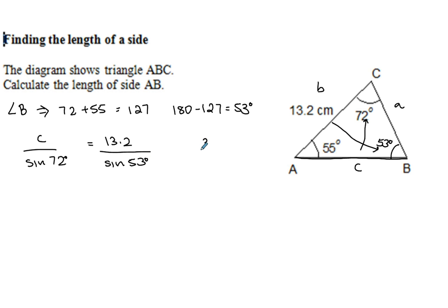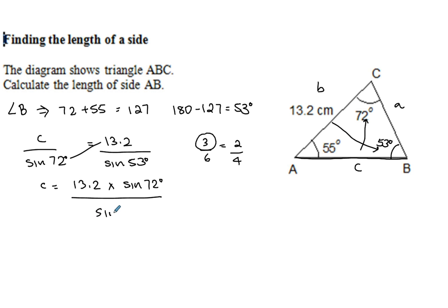We've got our Fazmaths format of 3/6 equals 2/4. Again, you could take any fractions that are equivalent, but these are just the nice small numbers. So it's like we're trying to find our 3. So we go that times that divided by that. So C will be 13.2 times sine 72 divided by sine 53.